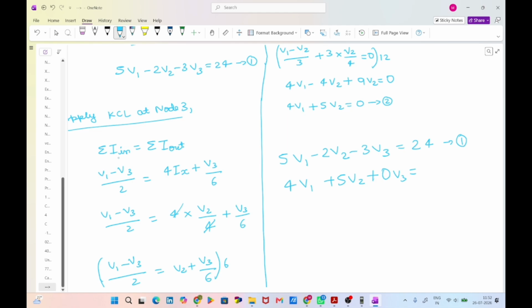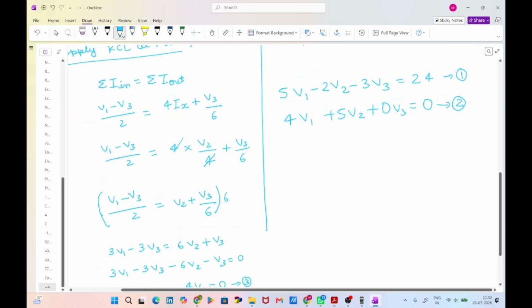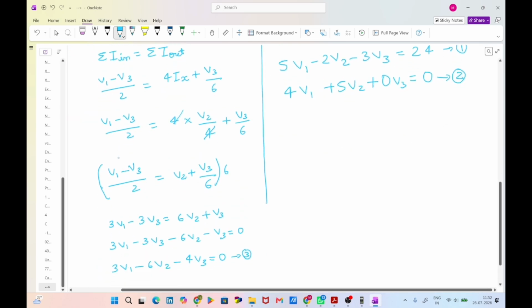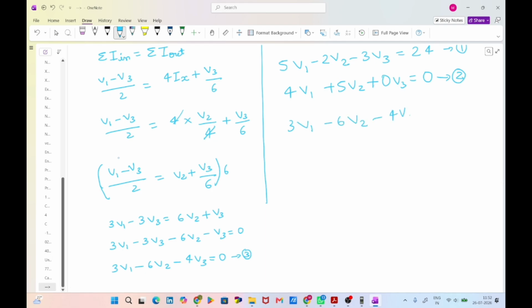It is not necessary, there is no problem in that. When we substitute in the calculator it will help, so that's why I write. Equation 3: 3V1 minus 6V2 minus 4V3 is equal to 0.